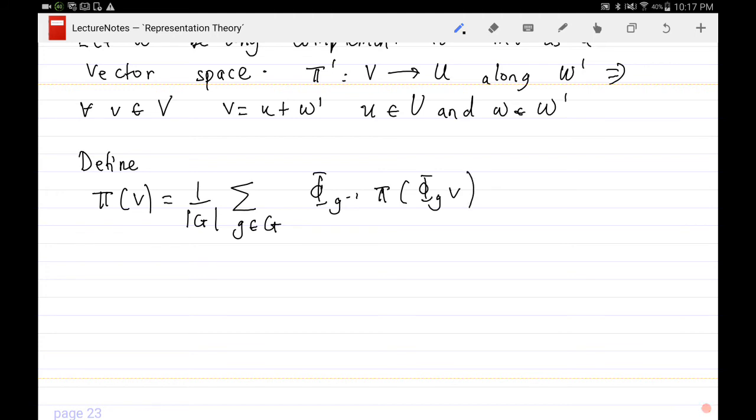Okay, so I have a representation that I've chosen, phi. Usually what you'll see in books and texts is that, rather than writing phi of g acting on v, because for me phi was the map from G to GL(V), people will usually write something like g times v.